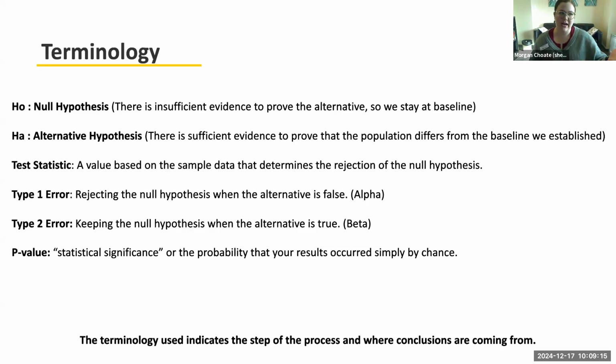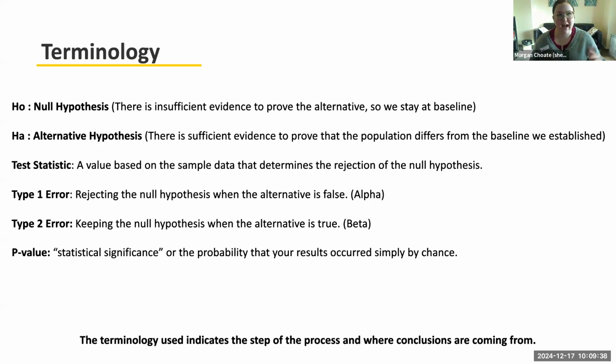And the reason it's worded as either there is sufficient evidence to prove or there's insufficient evidence to prove is because hypothesis testing is the perfect example that statistics never deals in absolutes. There is no absolutes other than, I guess, absolute values, but that's more of a math joke.